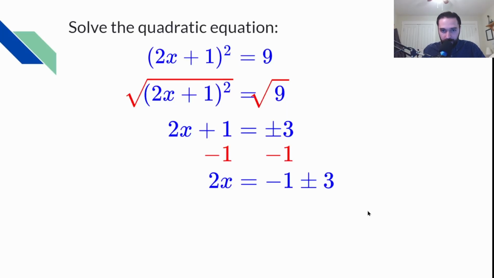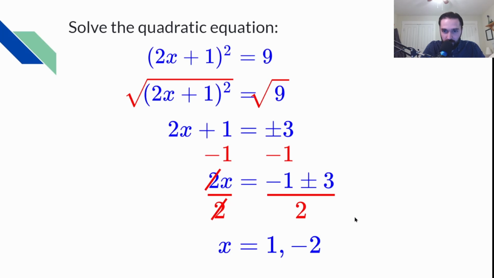The 2's cancel on the left-hand side, and that leaves us with x equals negative 1 plus or minus 3 over 2. Negative 1 plus 3 is 2 over 2, which is 1. Negative 1 minus 3 is negative 4 over 2, which is negative 2. These are our two solutions.